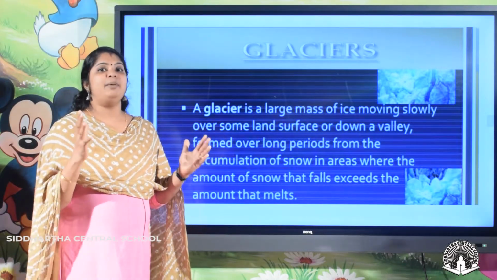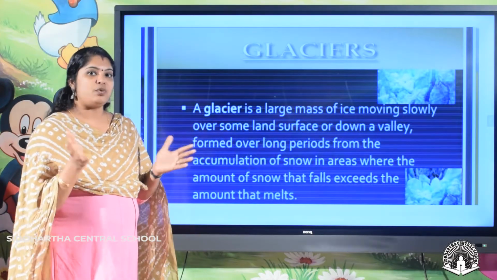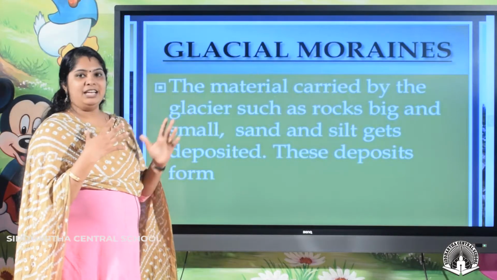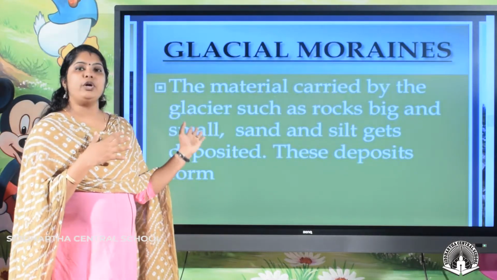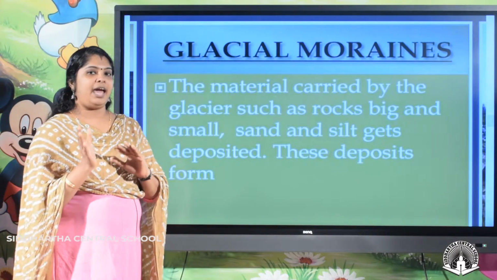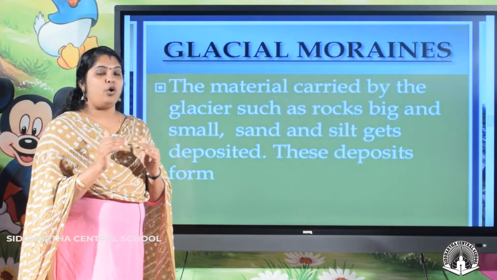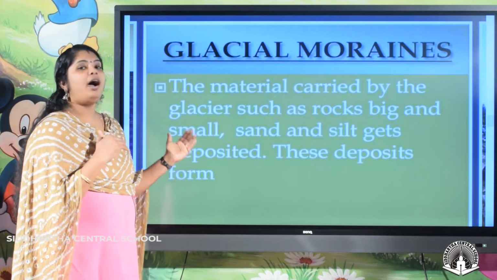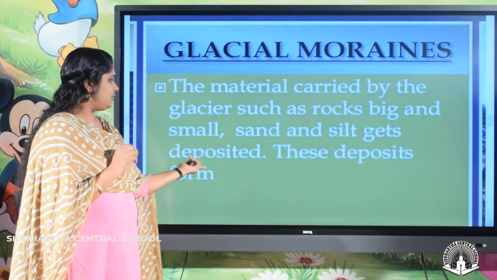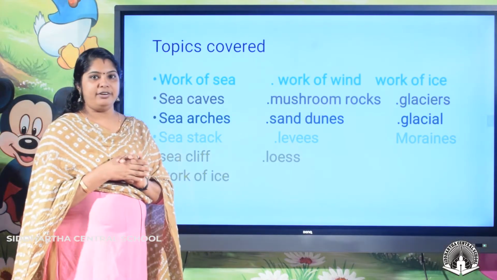Big masses of ice are called glaciers, and whenever glaciers move, they also erode some material and it is deposited in other areas, and that deposition creates another landform called glacial moraines.